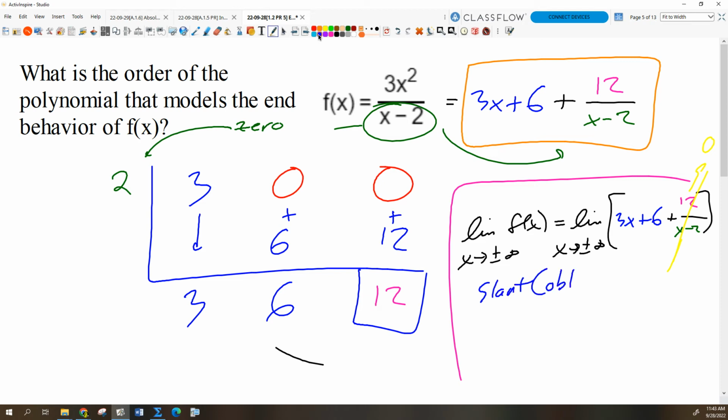Sometimes we call it an oblique. Is just the line y equals 3x plus 6. Let's look at it. I'll show you.